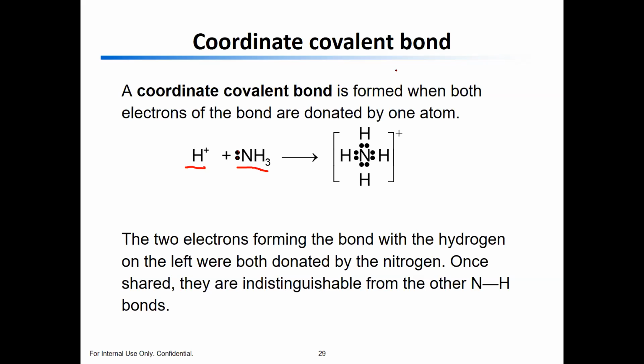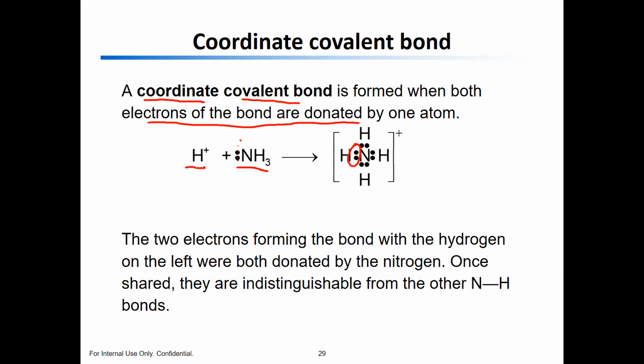Covalent bonds mean sharing two electrons. Doesn't matter where those two electrons come from. So here, you could have sharing, but these two electrons came from here. So that's called coordinate covalent bonding, when both electrons are donated from one atom.